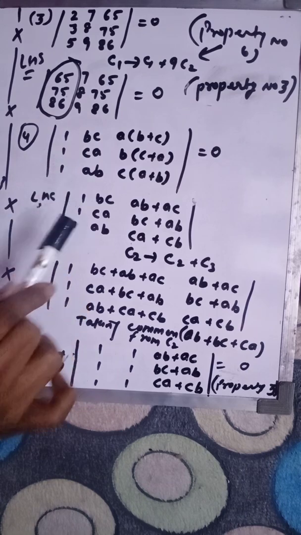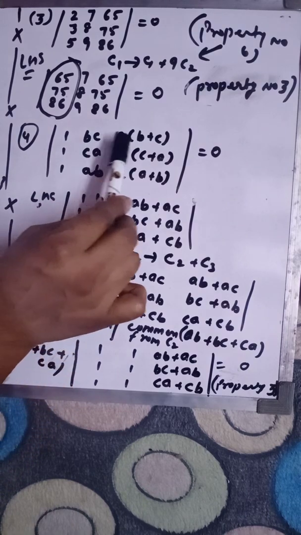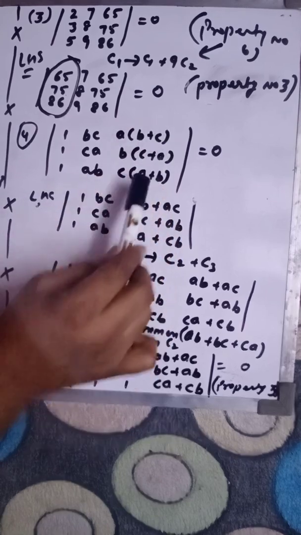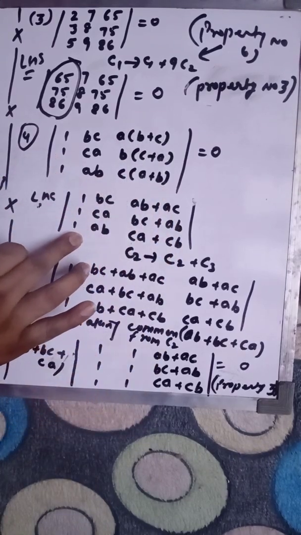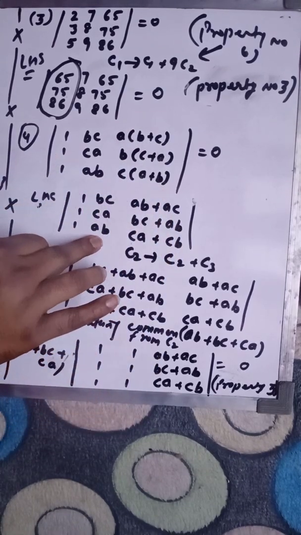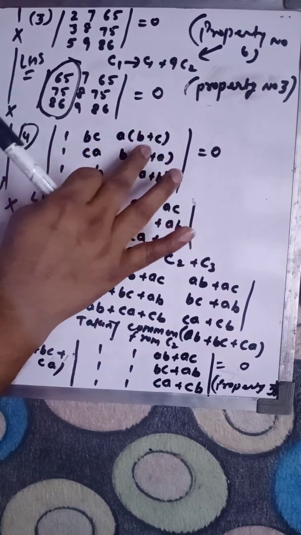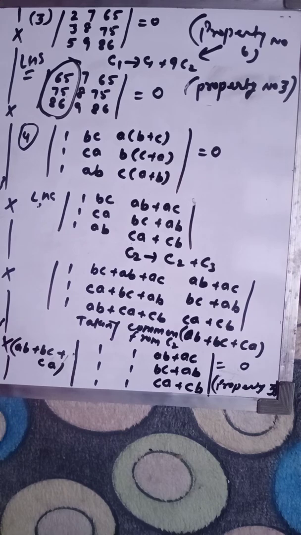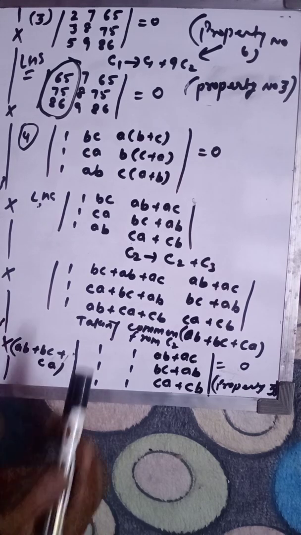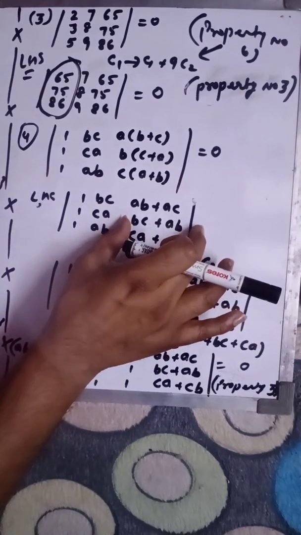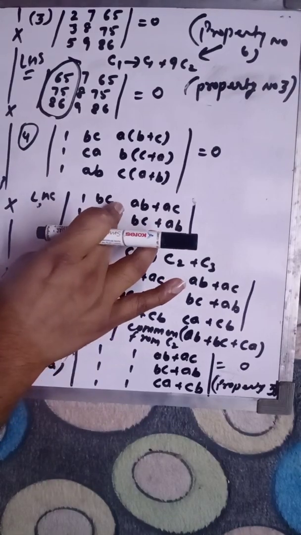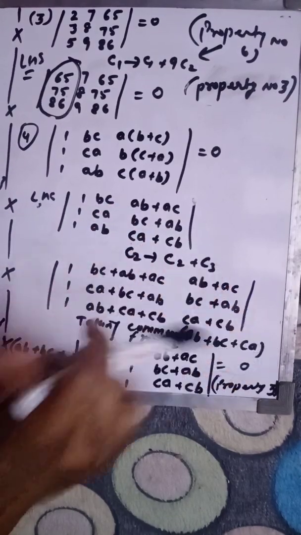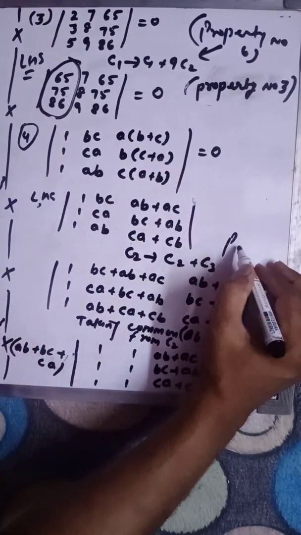On the left hand side, I am just inserting A, B, C into this bracket. The first column will remain the same, the second column will remain the same, and after multiplication you will get this step. Now I can see that if I add this column with this column, I am applying this operation, that is property number 6.